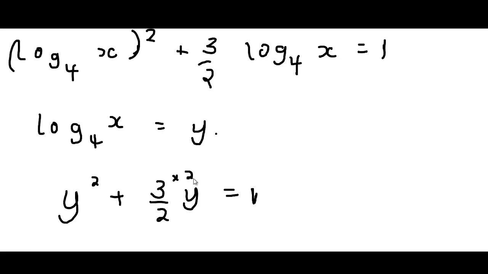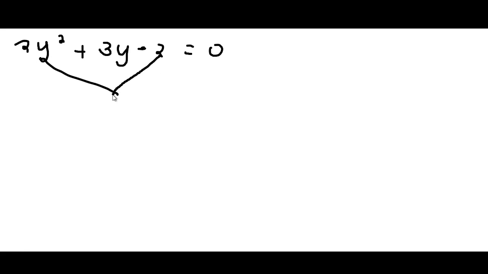Let's get rid of this 2, so we multiply each and every side by 2. We are left with 2y squared plus 3y equals 2. So it's a quadratic equation, and we try to find the value of y. So 2y squared plus 3y minus 2 equals 0.